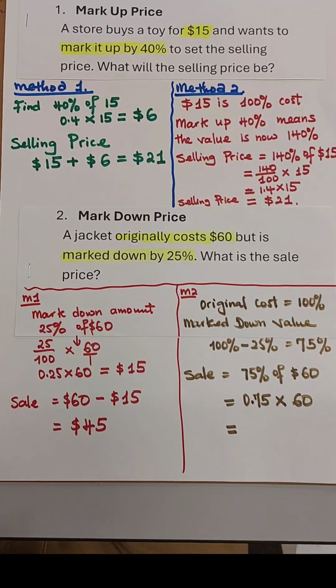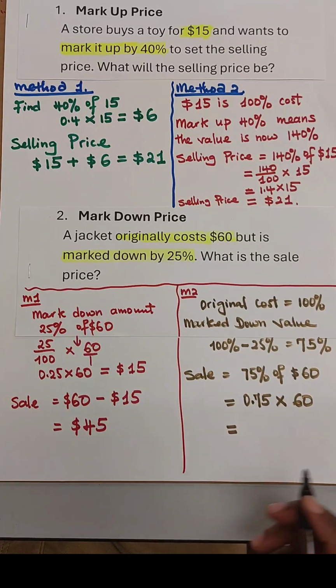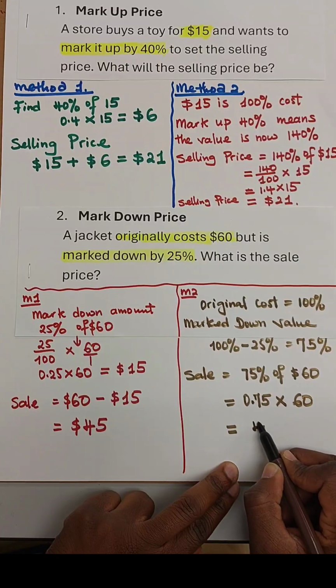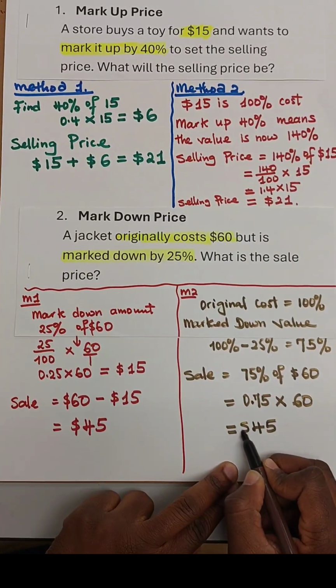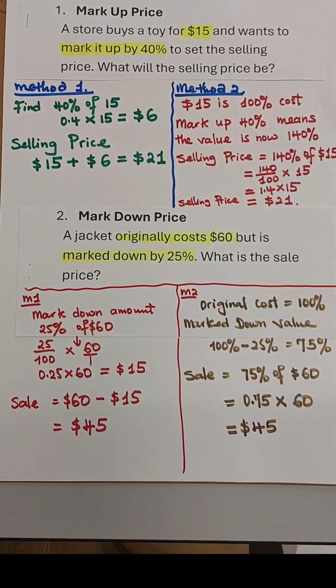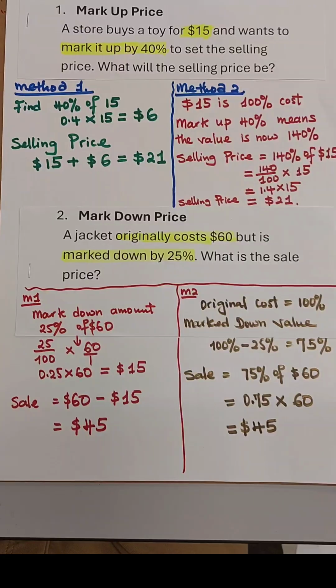Start with 0, then you put a decimal point, and then you go 75, then you hit the multiplication sign, and then 60, and then you hit the equal to button, and that gives you $45, just like you got it on this side. Use whichever method is easier.